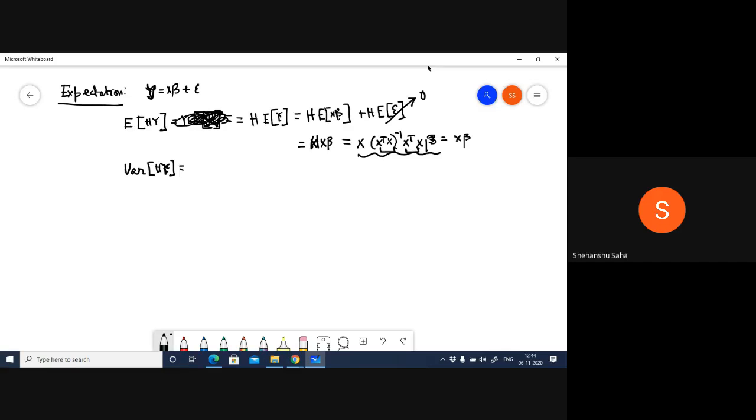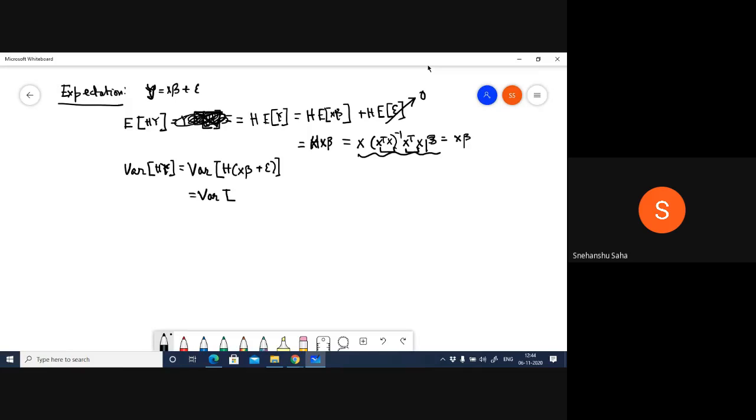So the variance of hy is, once again, I am going to use this expression for y, which is x beta plus epsilon. And what is this going to be?